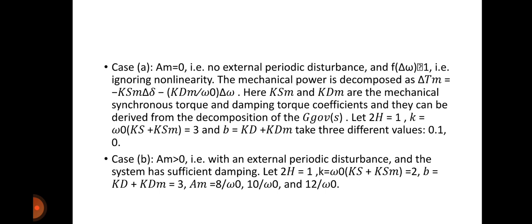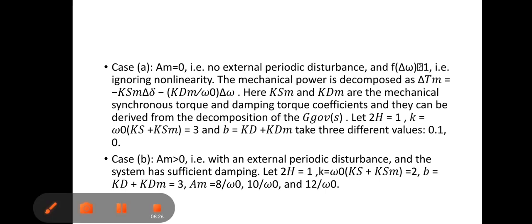Let 2H be equal to 1, K equal to omega naught times Ks plus Ksm equal to 3, and B equal to Kd plus Kdm. Take three different values, 0, 0.1 and 0.2. In case B, Am is greater than 0 with an external periodic disturbance and the system has sufficient damping.